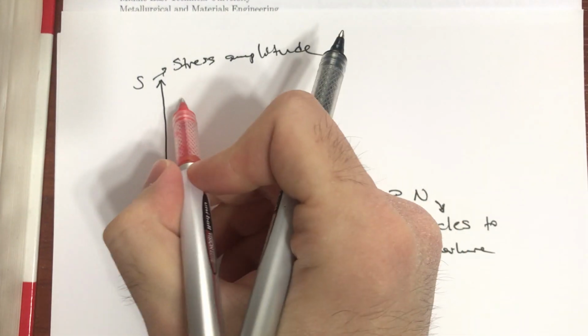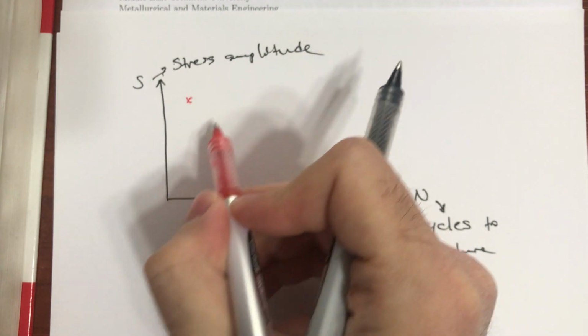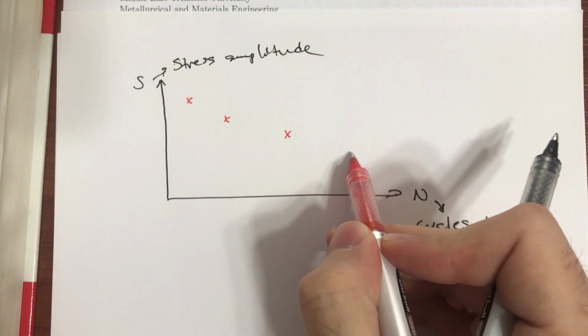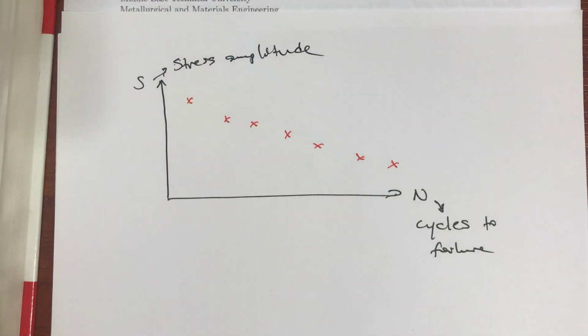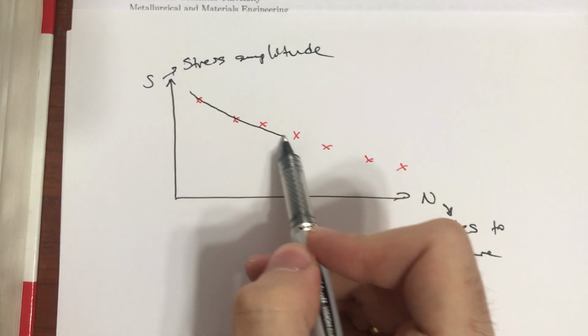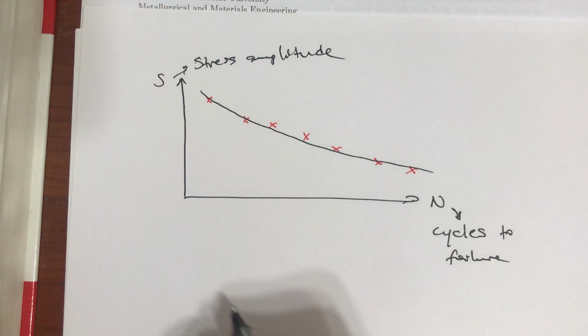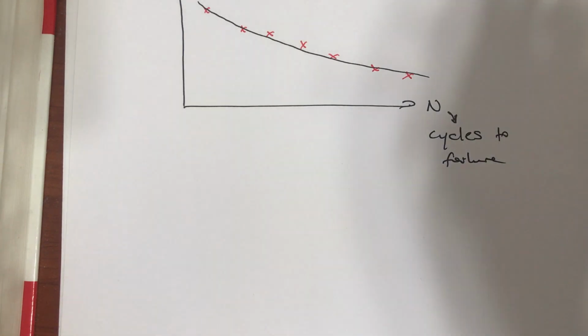And at a particular stress amplitude level, you test the material until failure, and you obtain your data points. Then you get what we call these SN curves. So for our material, we have these SN curves here.